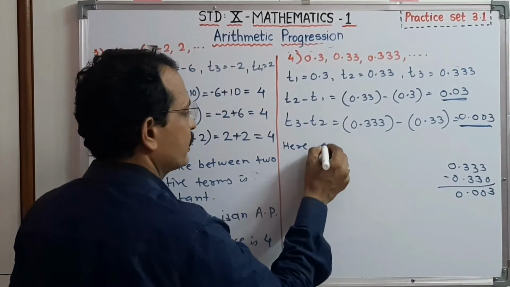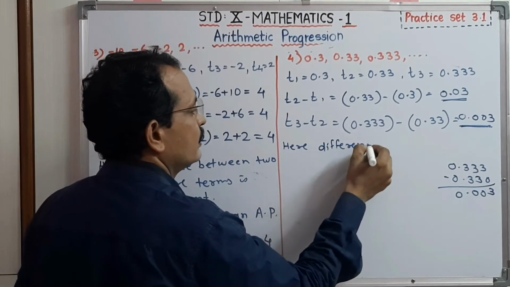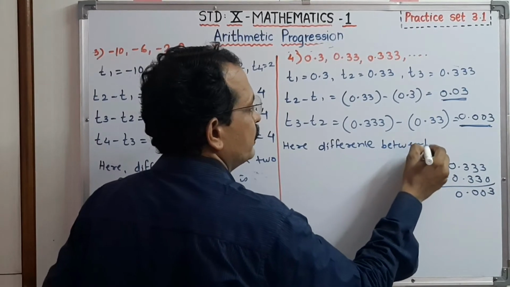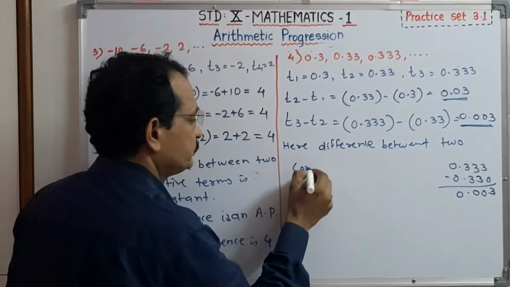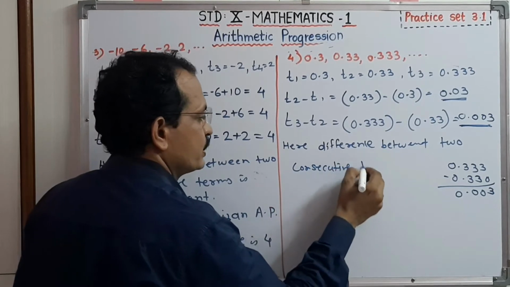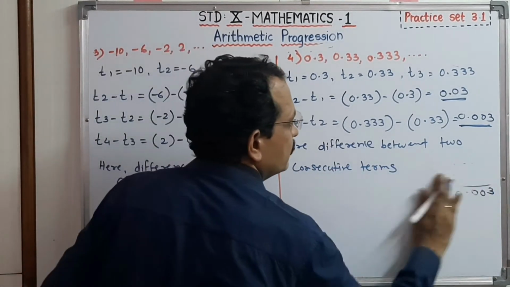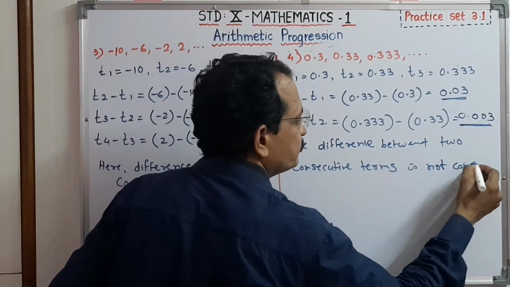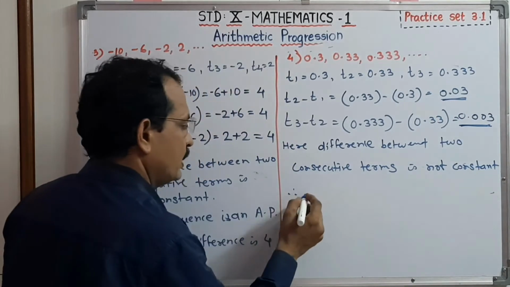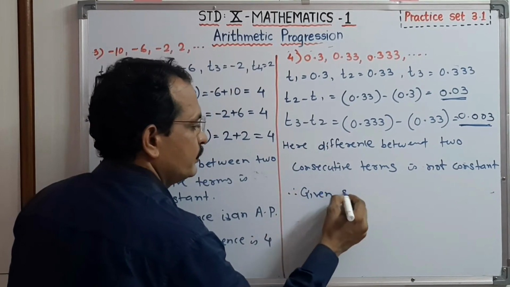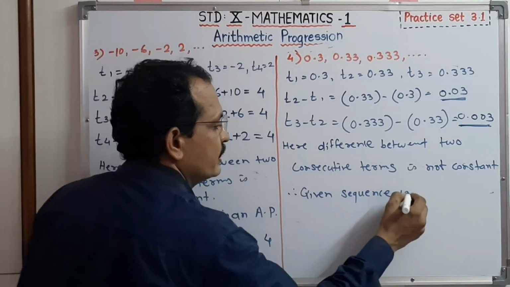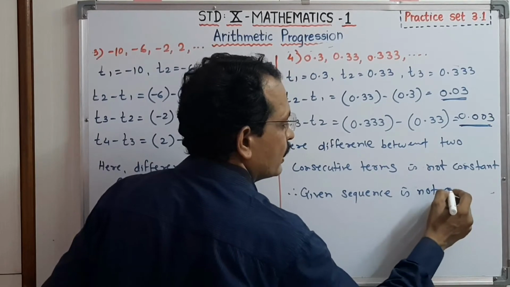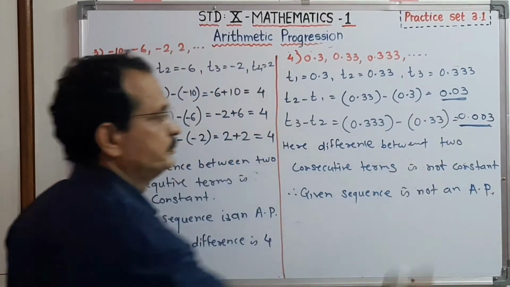Therefore, we can write here the difference between two consecutive terms is not constant. Therefore, the given sequence is not an AP.